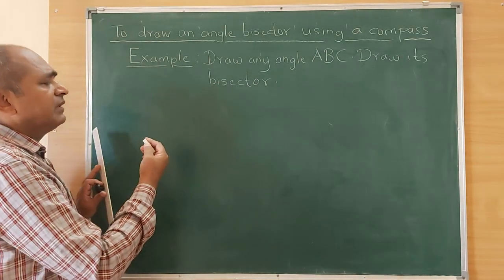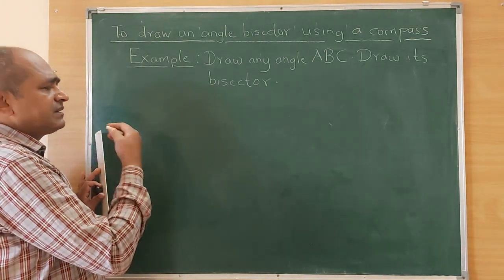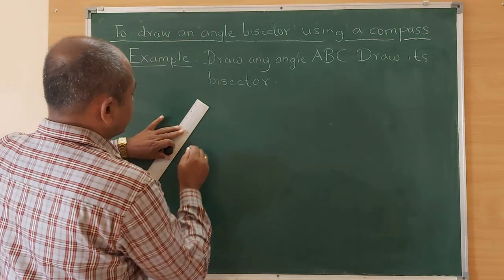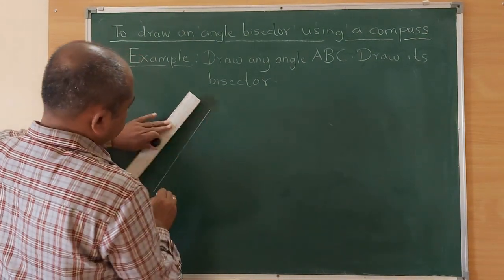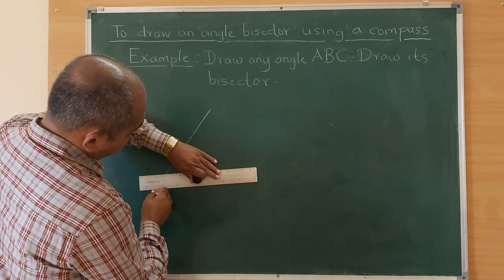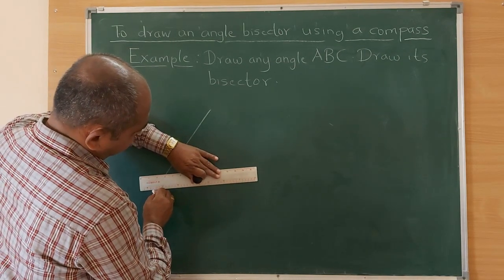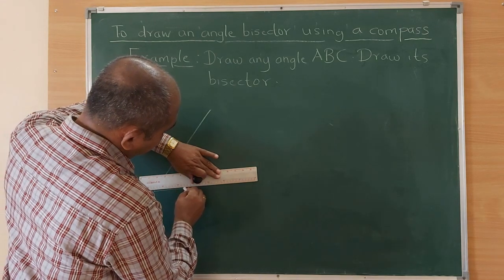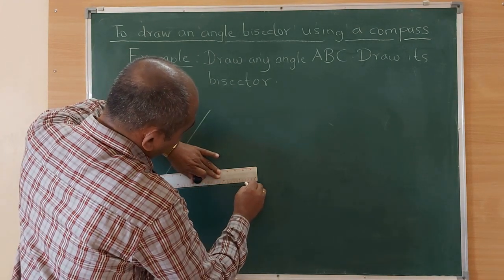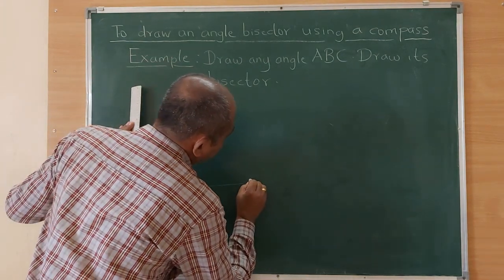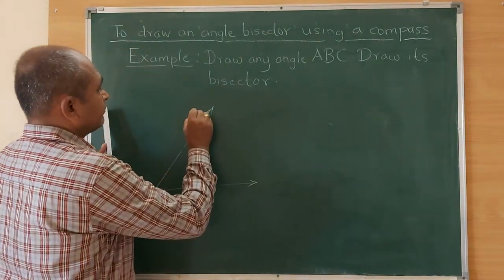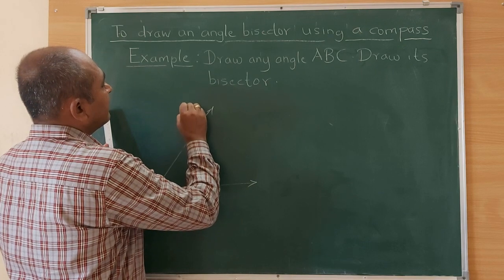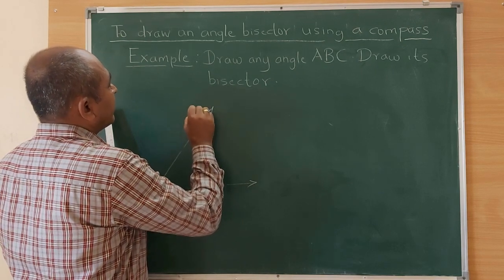Let it be of 50 degrees, 60 degrees, 65 degrees, 70 degrees, whatever. So I will draw an angle here of any measure without using a protractor, because I want to draw it of any measure. I'll name this angle ABC.